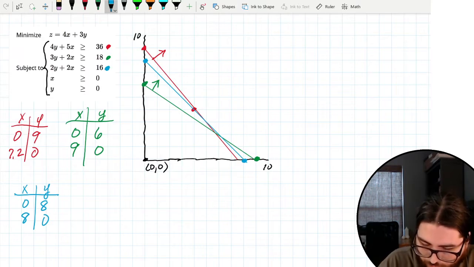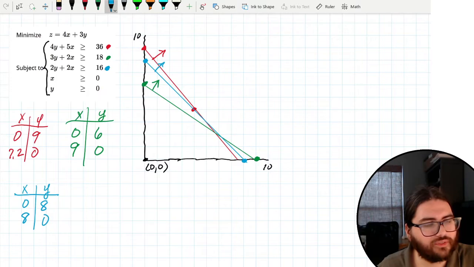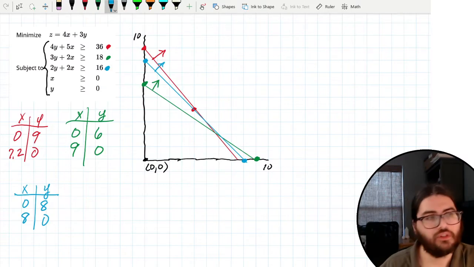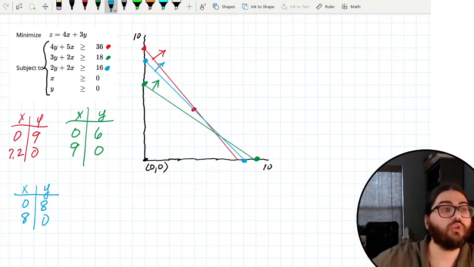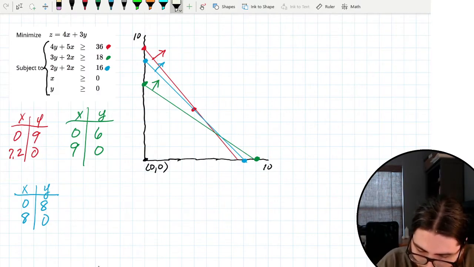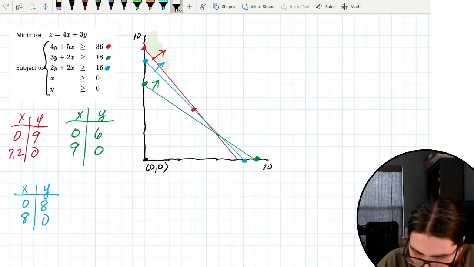So it looks like I'm shading away from all three of these lines. Which region shades away from all three of these lines? And it's out towards infinity. So, it's out here. I'm staying outside of all three of these lines.